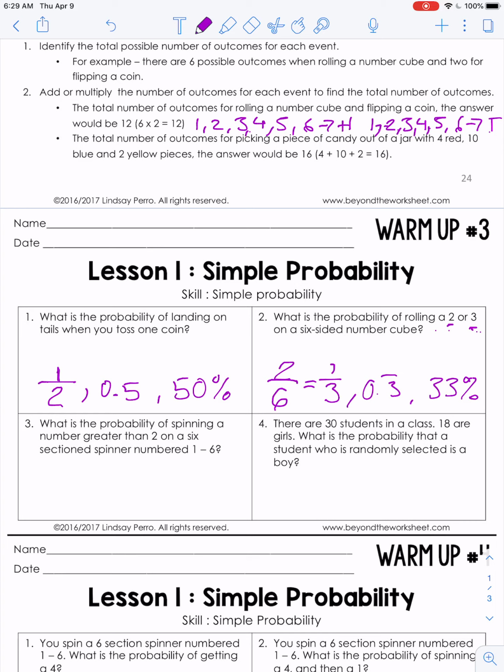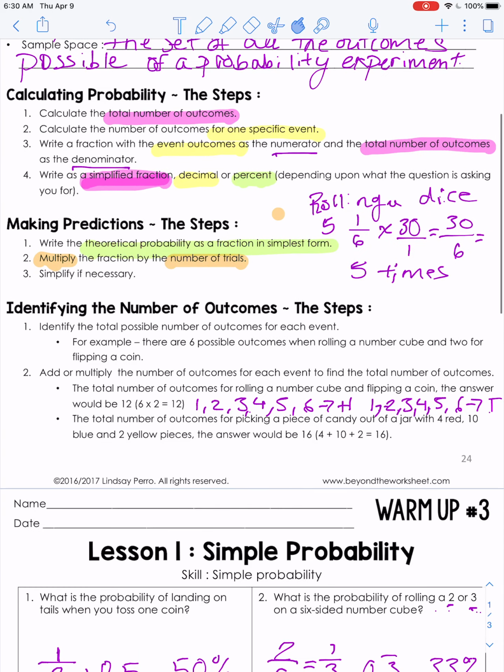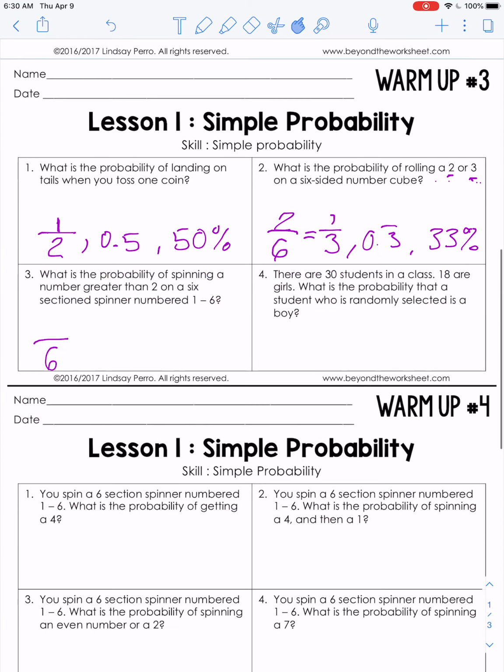Number 3. What is the probability of spinning a number greater than 2 on a 6-section spinner numbered 1 through 6? So once again, we have 6 outcomes, and we have to think, what are our favorable outcomes, or our event outcomes?